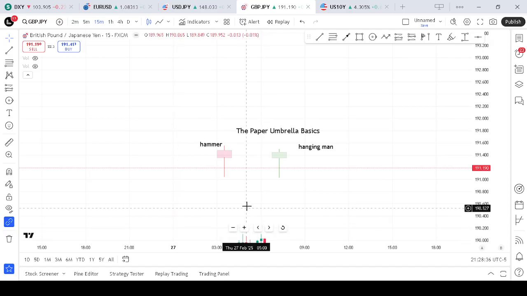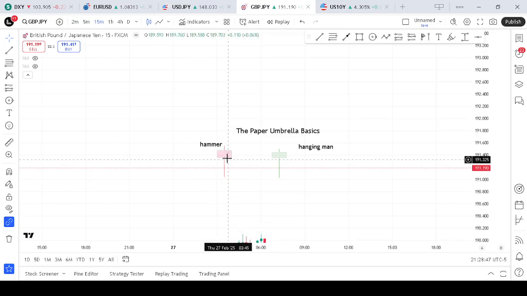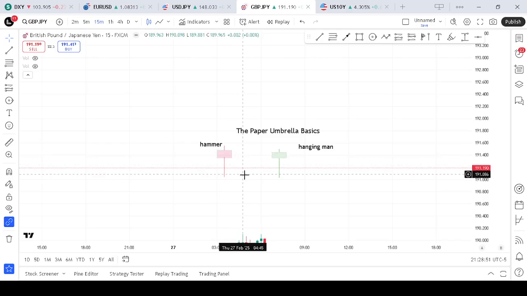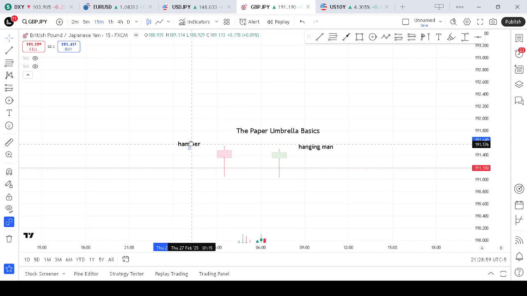So we'll talk about the paper umbrella basics. The paper umbrella candlestick is characterized by a small real body and a long lower shadow. This is what it means, as you can see from my screen.